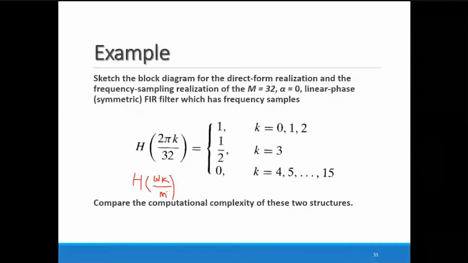For k equal to 0, 1 and 2, you have value 1. For k equal to 3, you have value 1 by 2, and for k from 4 to 15, it is 0. So now you have to compare the computational complexity of these two structures. First you have to implement it with the direct form realization, and then you have to find the implementation with the frequency sampling structure.